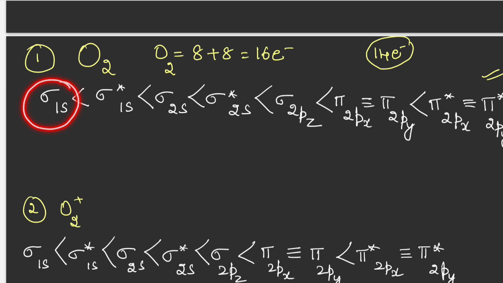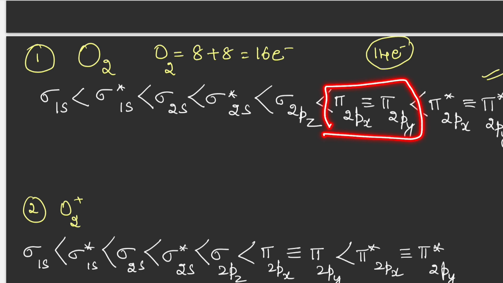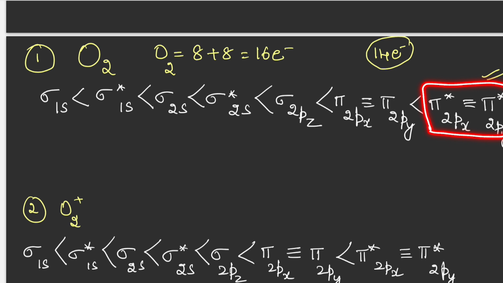Sigma 1s is bonding molecular orbital, sigma star 1s is anti-bonding molecular orbital. And here you can see there is an equivalent sign, meaning they are degenerate orbitals. Degenerate means both have equal energy. So here also in the anti-bonding molecular orbital, the equivalent sign is present, which means both have equal energy.